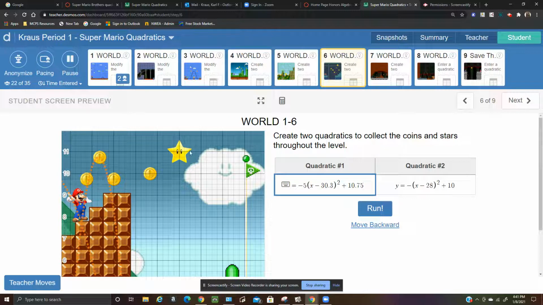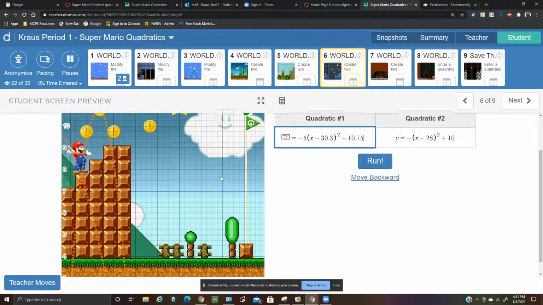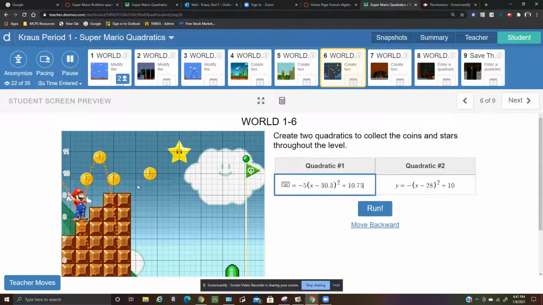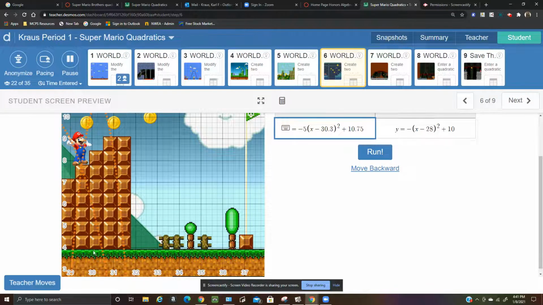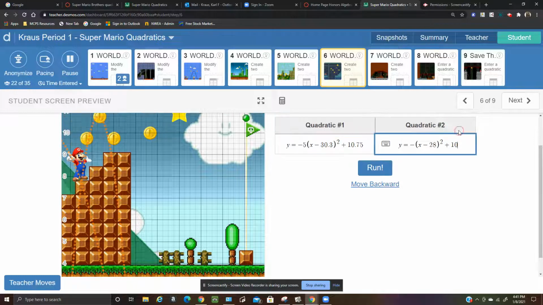And here's a situation where I want to make a bridge here. So I want to make a bridge like from 30 over to 37.